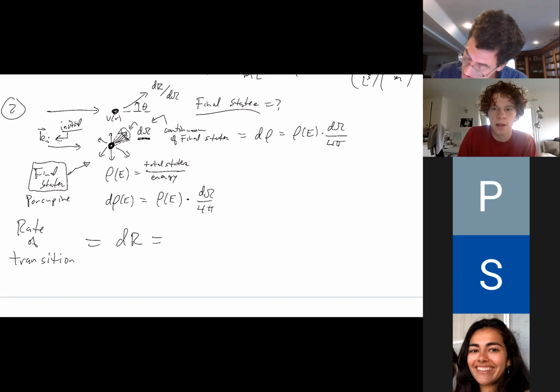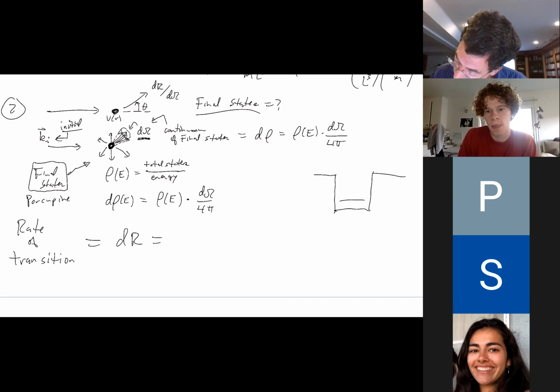In case that doesn't ring a bell, let's look at it like this. Here's an atom sitting in this initial state. I hit it with some light. It gets excited to this dense set of final states.